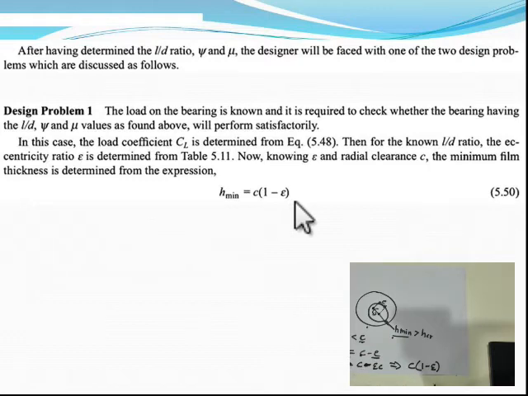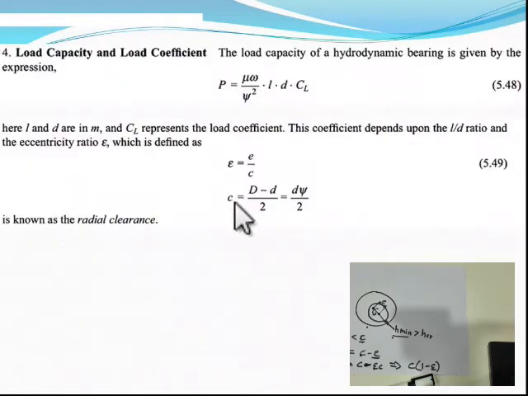So if it is understood how we calculate H min, then we have to go ahead with the actual design procedure. So the actual design procedure entails that first of all one calculate the load coefficient. In this formula we know what is P, because that is the requirement of the customer, and all of these other parameters we are assuming based on the experience.